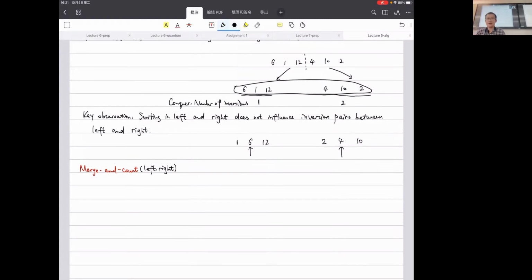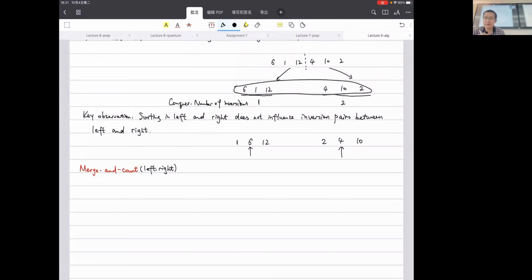As long as your algorithm can give a correct return about the number of inversions in the left part and right part respectively, and you have a good way of merging between left and right, then you are good, because sorting does not influence the inversion pairs between left and right.